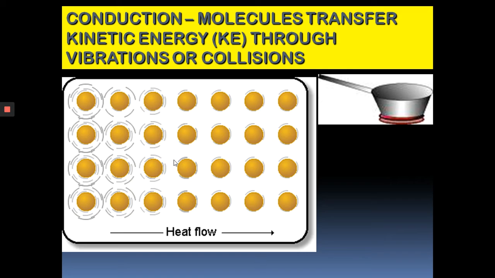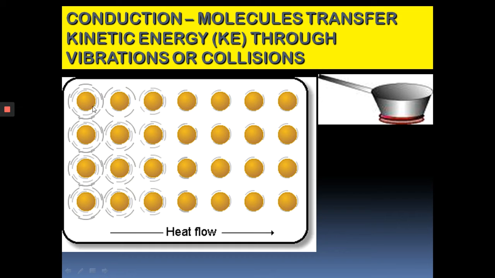Here is an example. In conduction, the molecules transfer kinetic energy through vibration or collisions. Let's say these little yellow balls represent the molecules, typically in a solid. Once one molecule gains heat energy and starts vibrating, that energy can be transferred to the next molecule and the next molecule and so on.